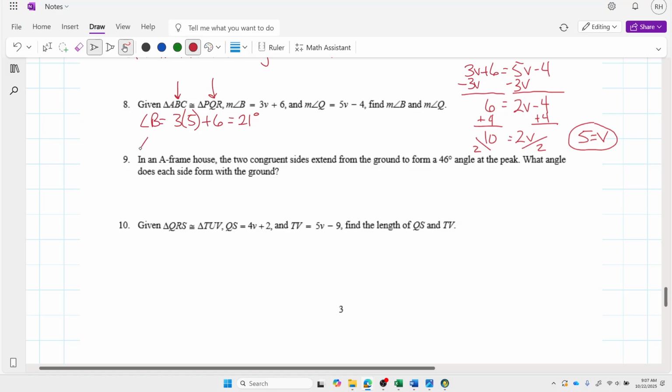And then angle Q is equal to 5 times 5 minus 4, which is 25 minus 4, which is 21 degrees.